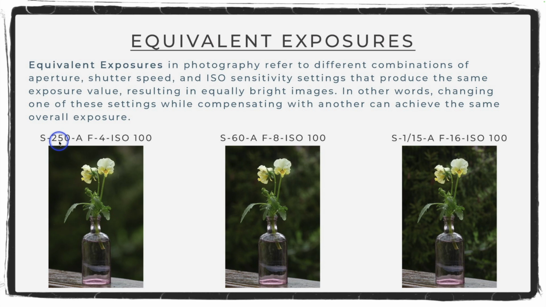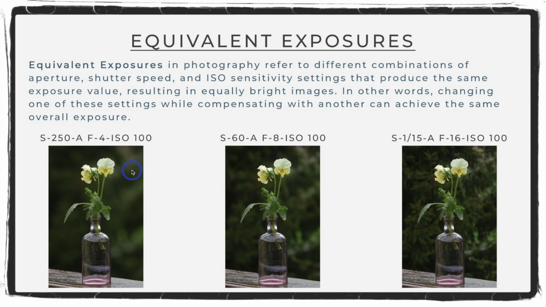In this first image, we have a shutter speed of 1/250th of a second and an aperture of f4. That aperture of f4 is giving us a really shallow depth of field, because the lower this number, the shallower the depth of field, meaning the least amount of the background is going to be in focus.